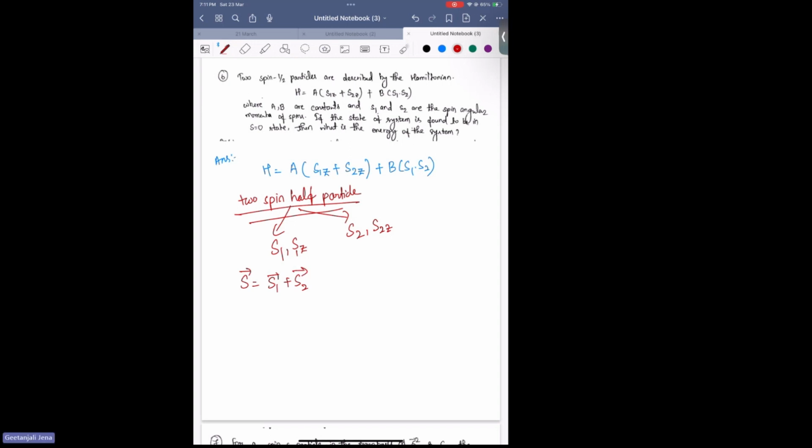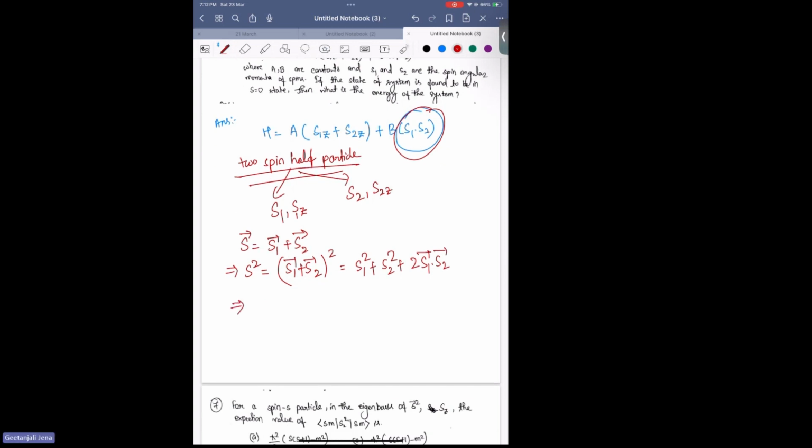This I think you all know. Now here you can see there is an S1 dot S2 term, right? So what you have to do is take the square of this S. This is nothing but (S1 plus S2) square. So you will get S1 square plus S2 square plus 2 S1 dot S2, right?